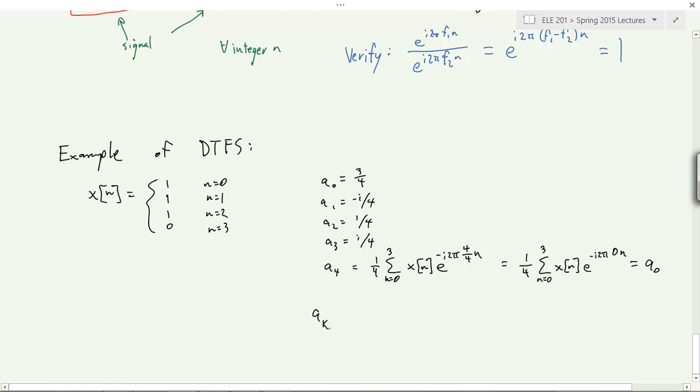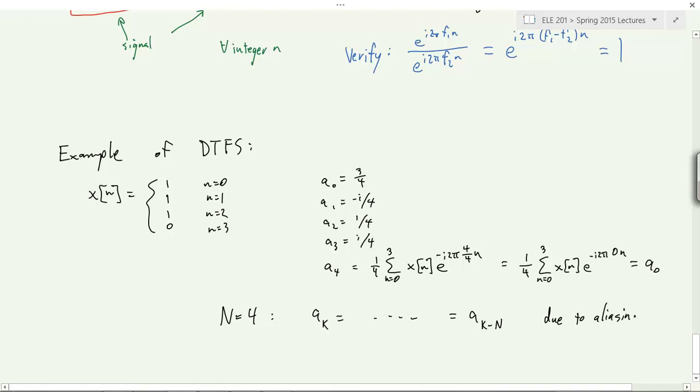So in general, A sub k here, when n equals 4, we're finding that if we plug in the formula for A k, same process, we would get that it equals A k minus n due to aliasing.